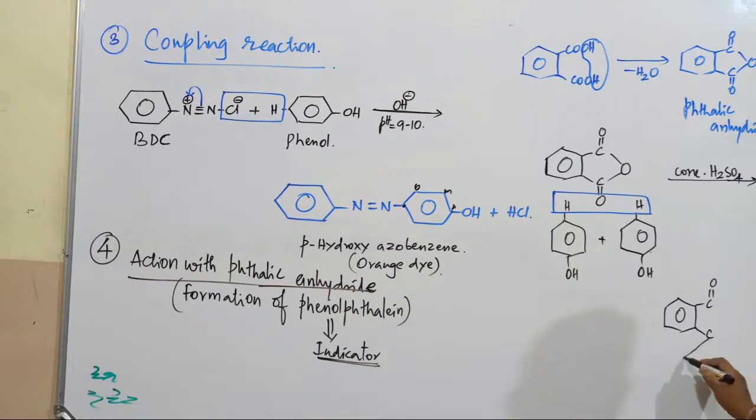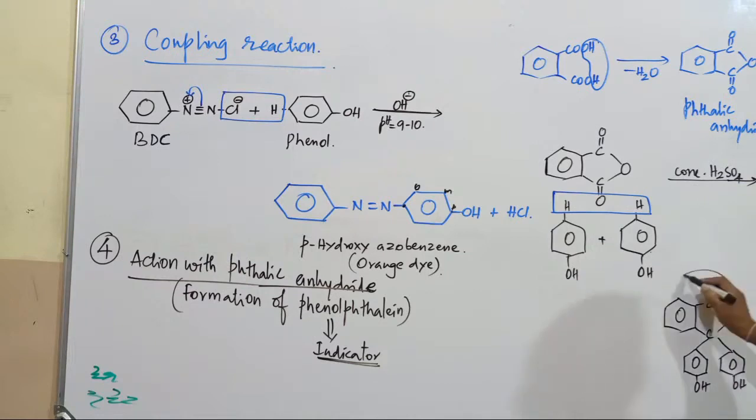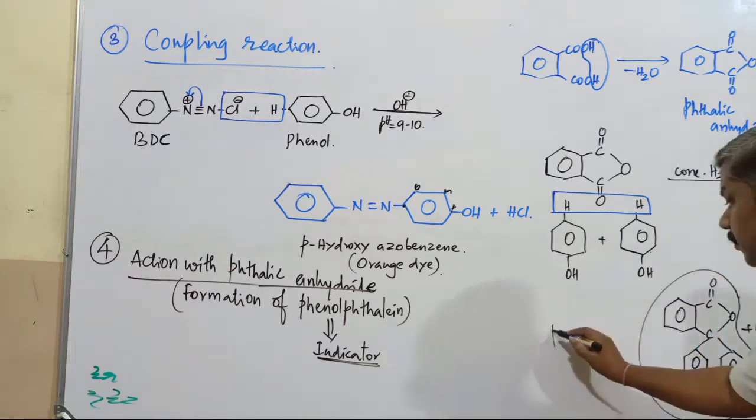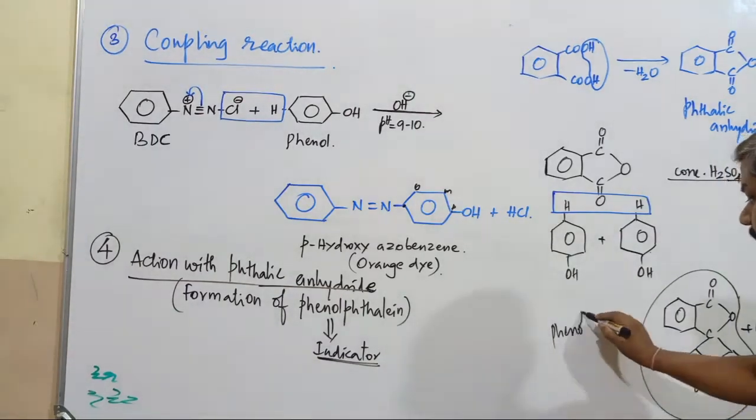Next, the phenyl group is present here. This is OH, and this one is OH, and here it is oxygen plus H2O. Now this compound is commonly known as phenolphthalein.